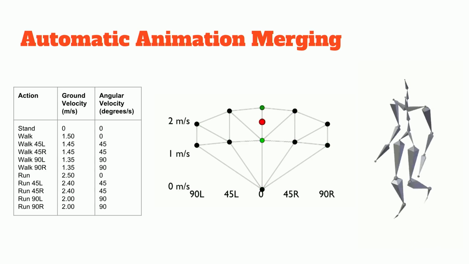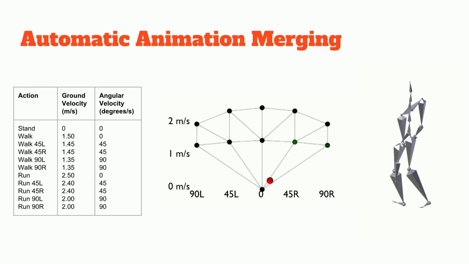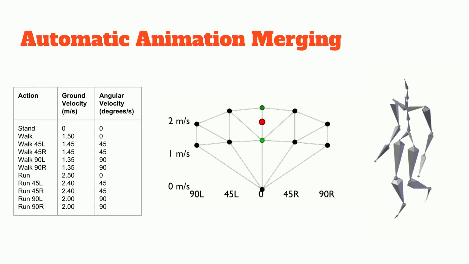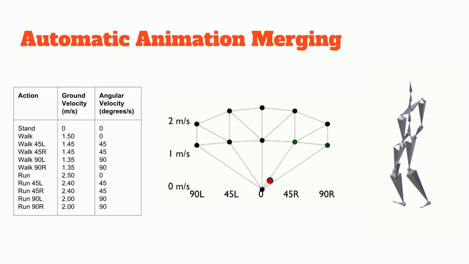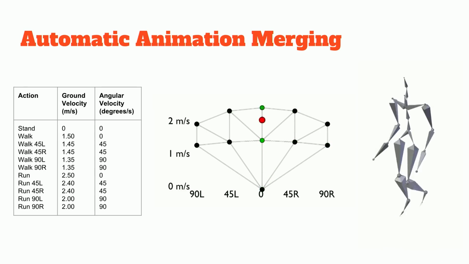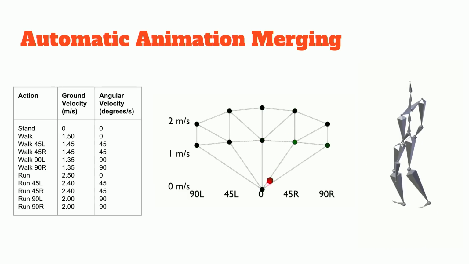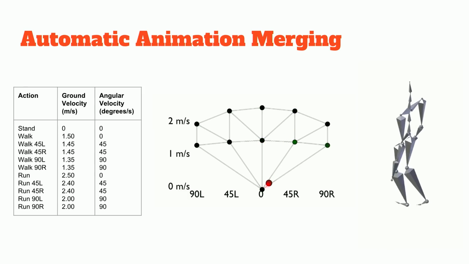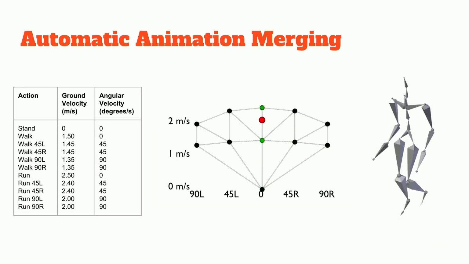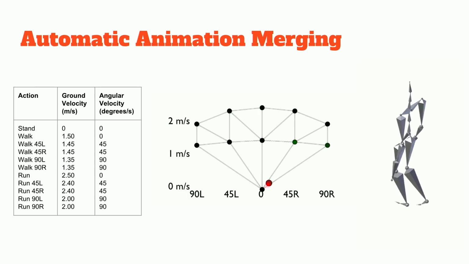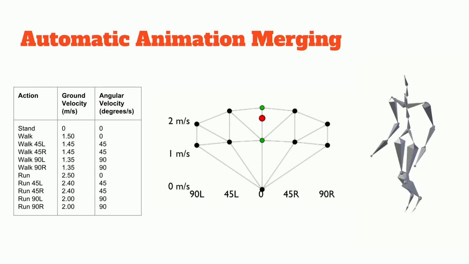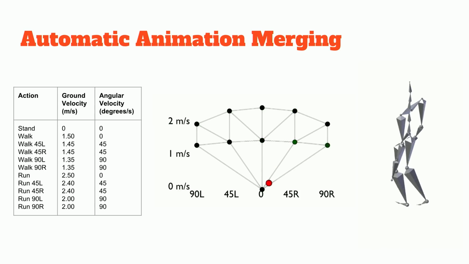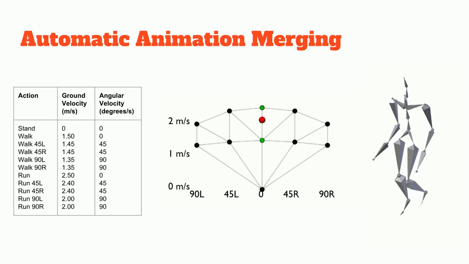In the center graph, you see from bottom to top, the bottom is when you stand still, and the top of the graph is when you move with 2 meters per second. On the x-axis, the center of the graph means you're not turning. And from center to right, it is how fast am I turning to the right side. And on the left, it is how fast am I turning to the left side.